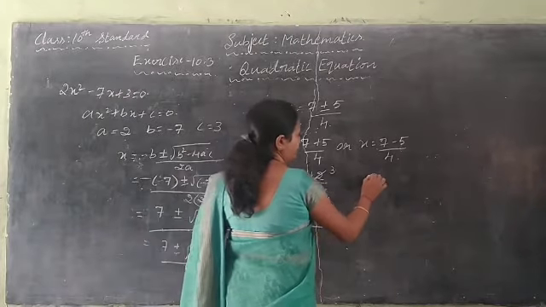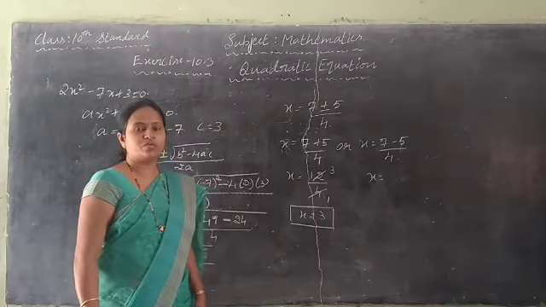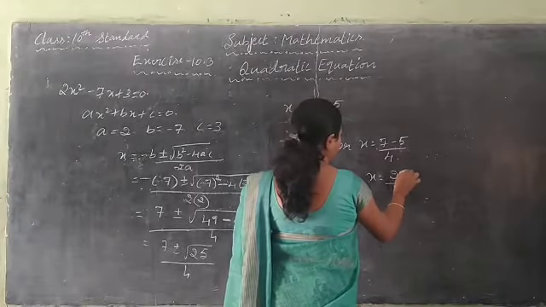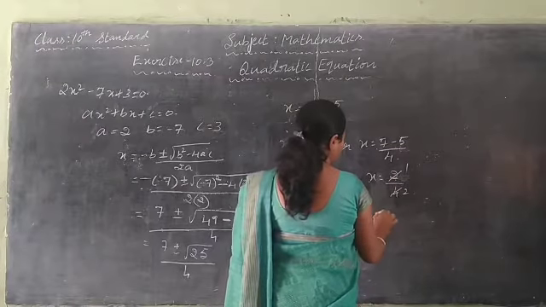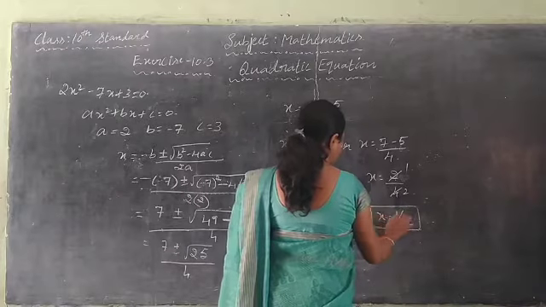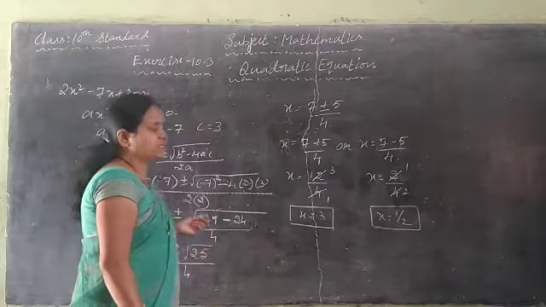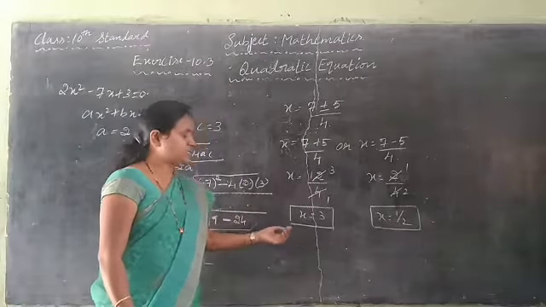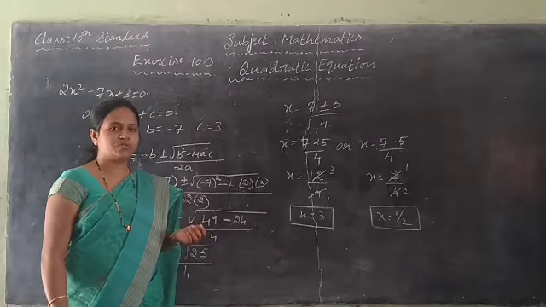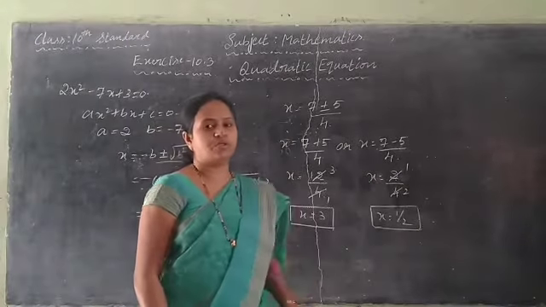In the same way, 7 minus 5 is 2, divided by 4: 2 ones are 2, 2 twos are 4, so x is equal to 1 by 2. So you got 2 roots for the quadratic equation 2x square minus 7x plus 3 is equal to 0, that is x is equal to 3 and x is equal to 1 by 2. This is the way we solve problems by using the formula.